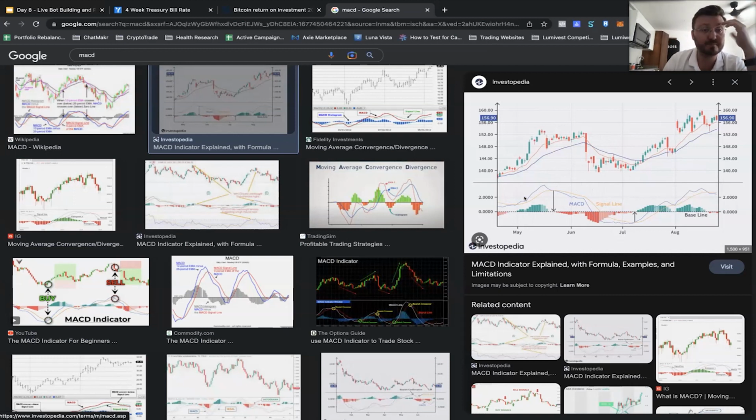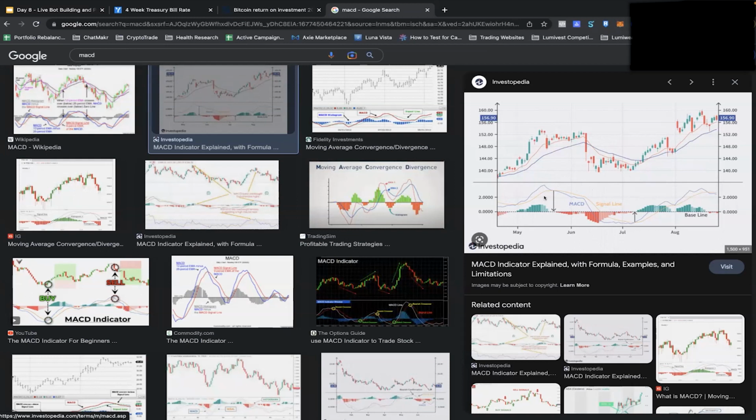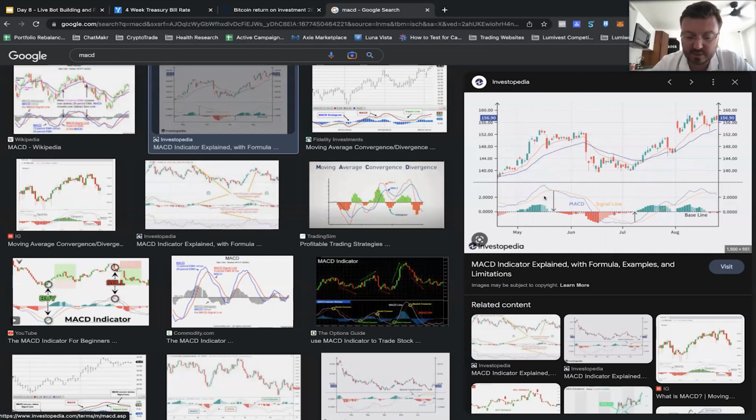So basically you're telling me you're using two different MACDs. Is that correct? Would you share your screen? It sounds like you're pulling it directly from a graph, so it'll be easier if we all looked at that.